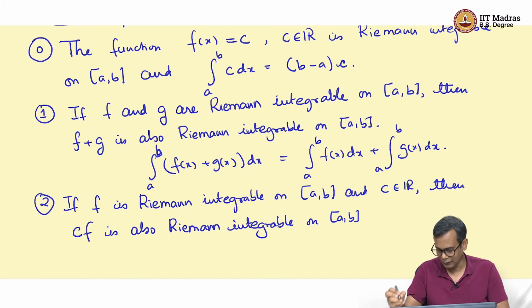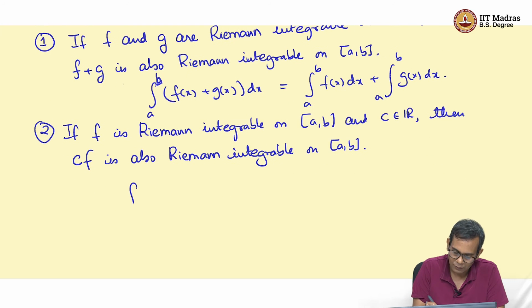And what is its integral? The integral from a to b of c times f of x dx is c times the integral from a to b of f of x dx.